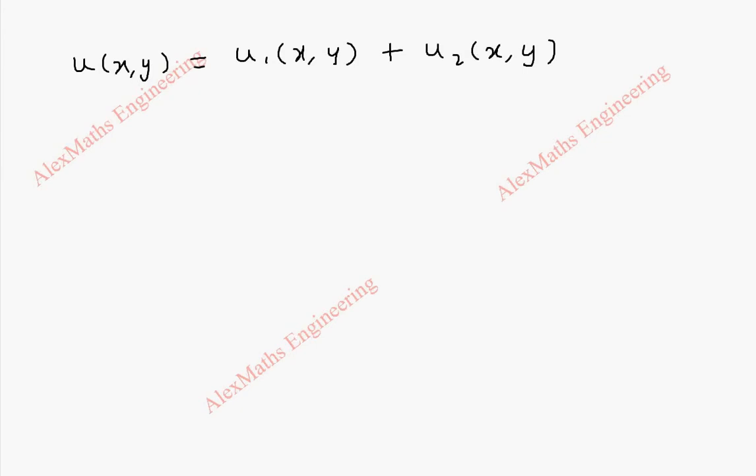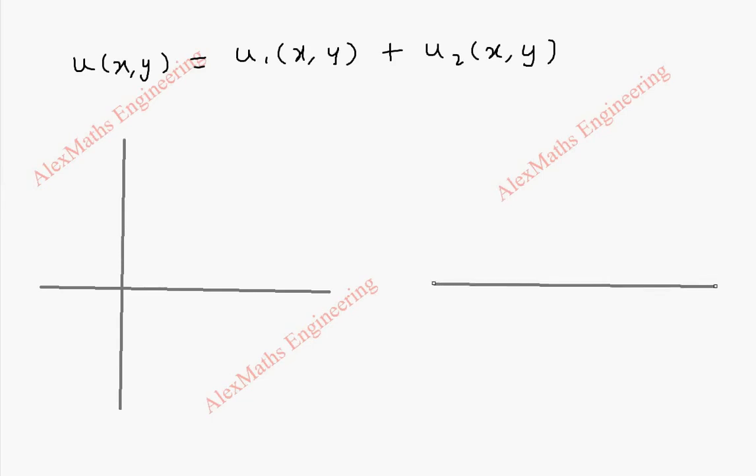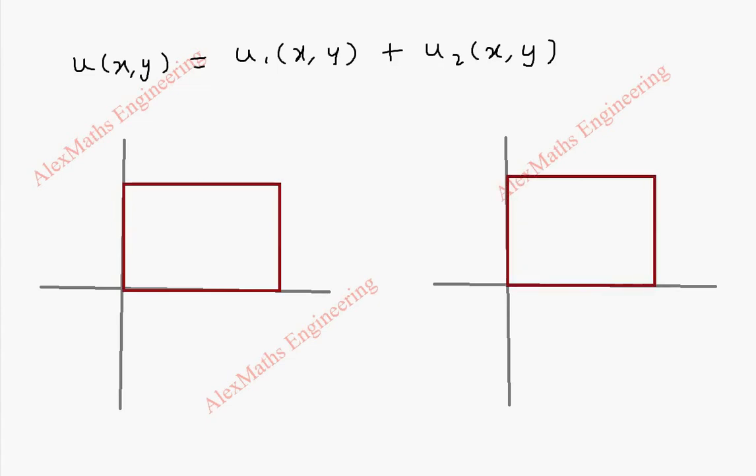Let's take it here. We have the x-axis and y-axis. We are going to draw for u1, and again the x-axis and y-axis for u2. As usual, we have a rectangular plate here and here, and let's mark the axes first. This is x and y, and this is x and y, and all the surface equations: this is y equal to 0, this is y equal to b, this is x equal to 0, and this is x equal to a.